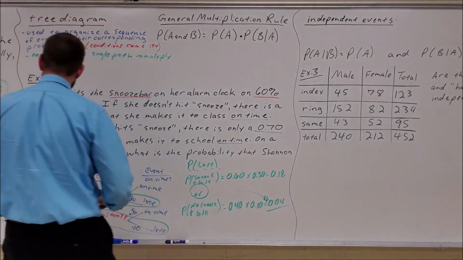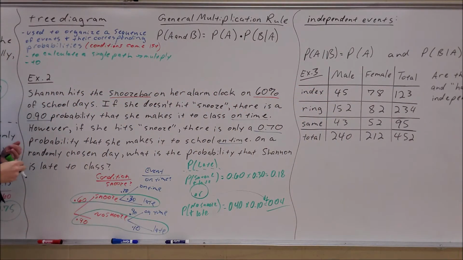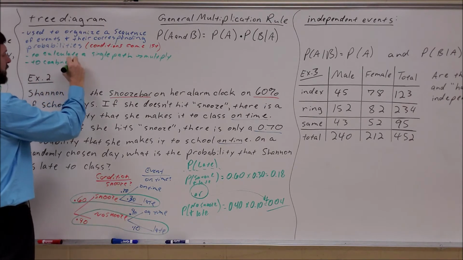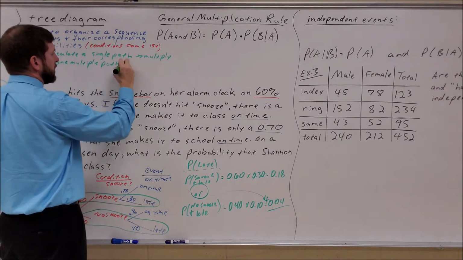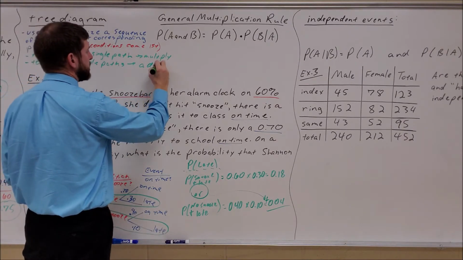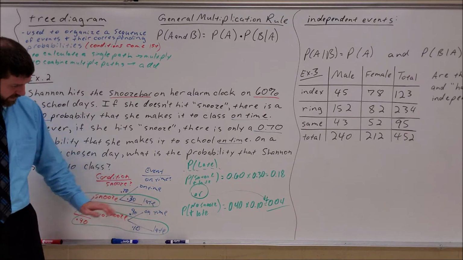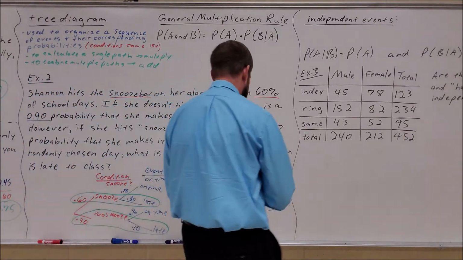And that's the next part of tree diagrams. To calculate a combination of paths, so to combine multiple paths, we do general addition rule. So we're going to add. So I want to combine this first way we can end up late with this second way we can end up late by adding the two together.